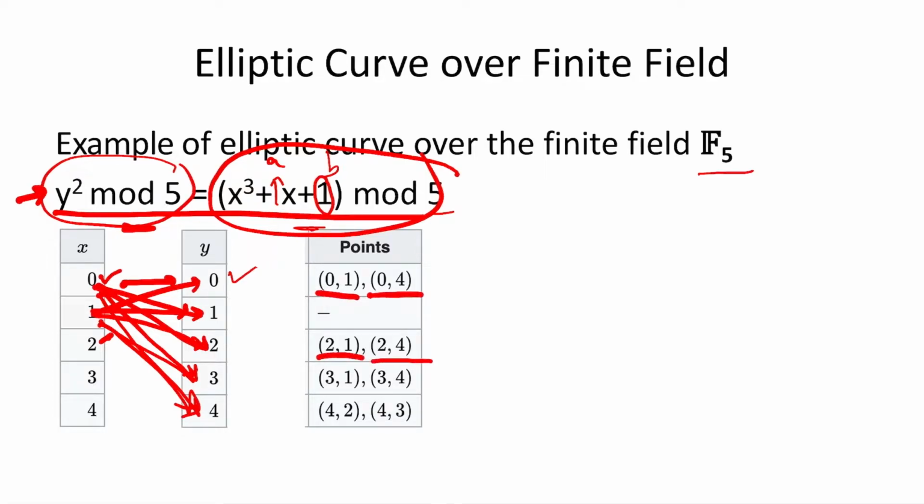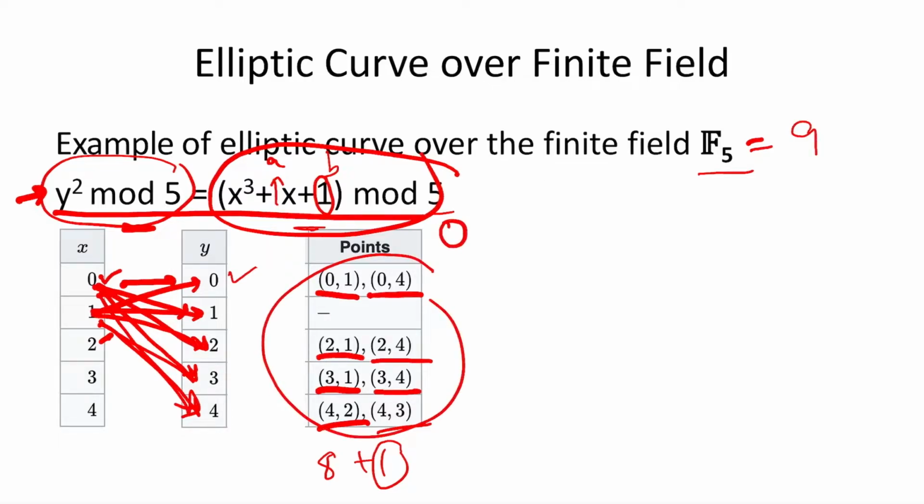We have 0,1; 0,4; 2,1; 2,4; 3,1; 3,4; and 4,2; and 4,3. These are 8 points, and the total number of points in our finite field is then 8 plus 1. There's always the infinity point that we include in elliptic curve cryptography. So in other words, the total points that we have in F5 is equal to 9, which are all these plus the infinity point.